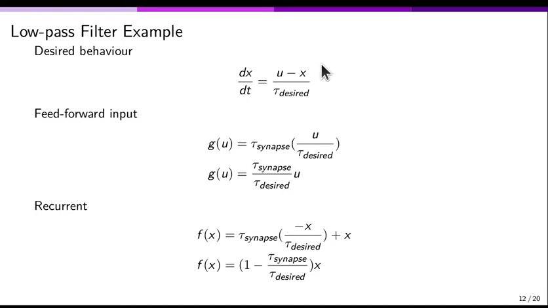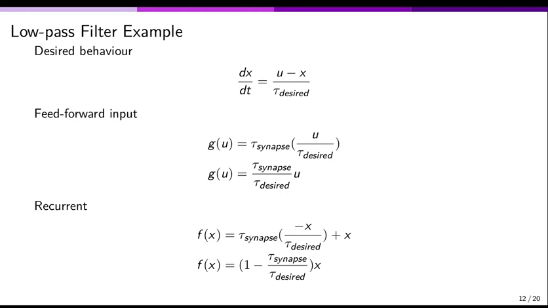So, how do I build that up? First of all, I need a differential equation to describe what I want to build. Now we're getting into a very explicit engineering approach of, look, this is what I want to build, I'm going to write out the math, and the math is going to tell me what groups of neurons I need and how to connect them.